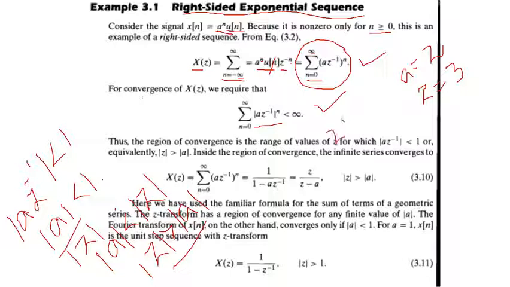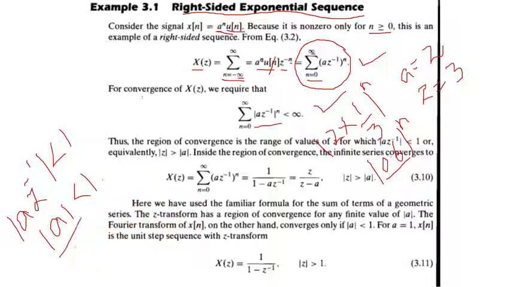So 2 multiplied by 1 by 3 raised to power n. If I solve this, this will become 0.6 raised to power n. So this value is less than 1. Anything less than 1 raised to power n, this sequence will converge.